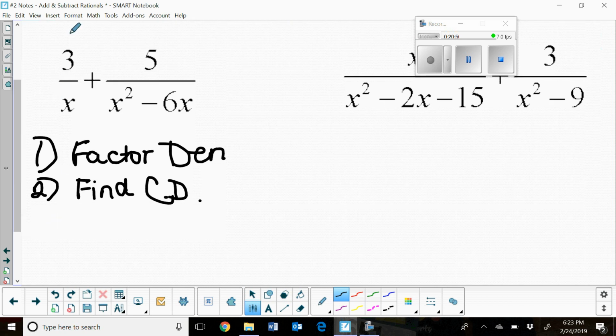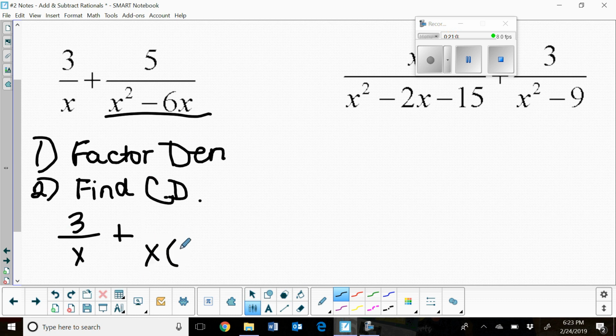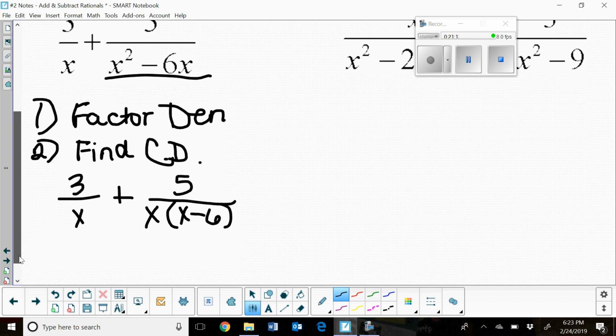Okay, so the first term, 3 over x, that denominator x will not factor, so I can just bring it down. But the second term, I can factor an x out of that. So I'm going to write that as x times x minus 6. Okay, and I'm going to bring down my 5. Now, I can find my common denominator.